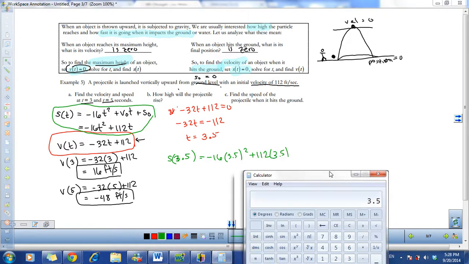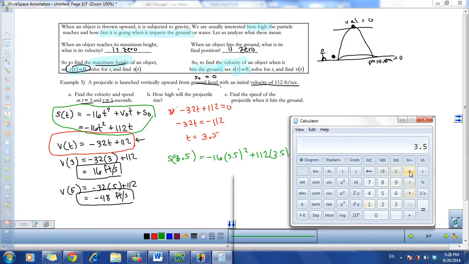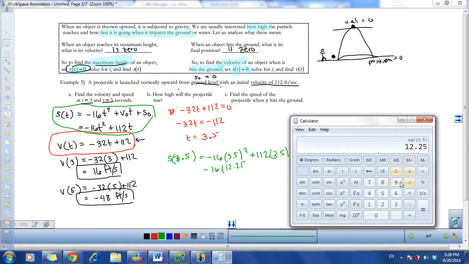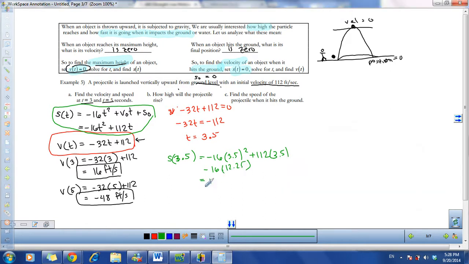That's negative 16 times 12.25 plus 112 times 3.5, which gives 196. So it reaches a maximum height of 196 feet.